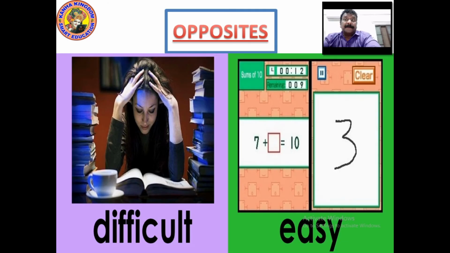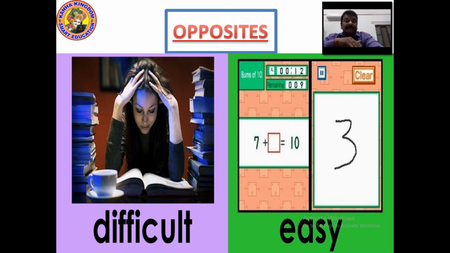Now you can see the opposite, difficult. Difficult means she is trying to learn something, but she is finding it very difficult to understand. So she has put her hands on her head. She is tense because it is difficult. What is easy? Easy is the opposite of difficult. Where 7 plus dash equals 10.